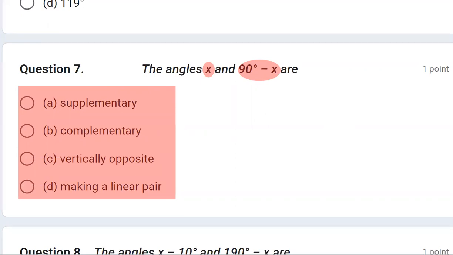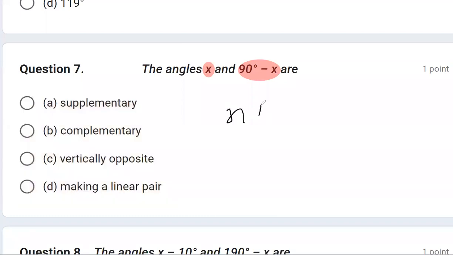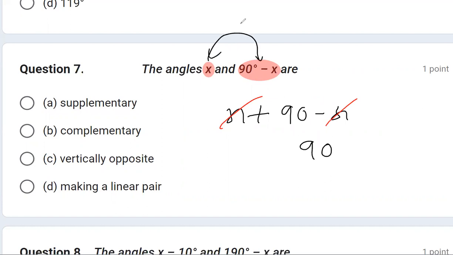In such a situation, we generally add these two angles. When we add x and 90 degree minus x, x minus x is 0, so we get 90 degree. If the sum of two angles is 90 degree, they form complementary angles. So these are complementary angles.